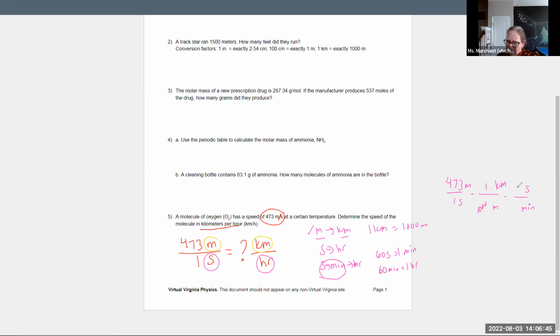Why? Because we have to be able to cancel our seconds. If I put it the other way around, I would have seconds squared on the bottom, and that would not have worked. And there are 60 seconds in 1 minute. And now my second part is minutes to hours. So minutes goes on the top and hours on the bottom.